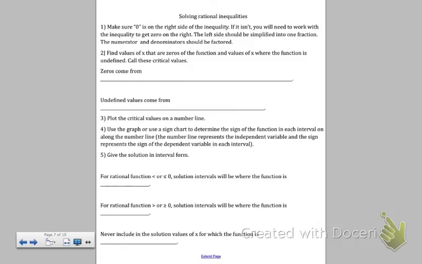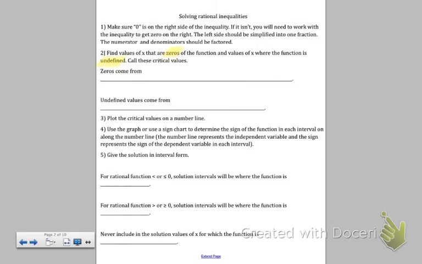Step 2, we need to find the values of x that are zeros, and we need to find the values of x where the function is undefined. We've got to make sure that we're looking for both of those. So we're going to look for where it's zeros and for where it's undefined. Okay?